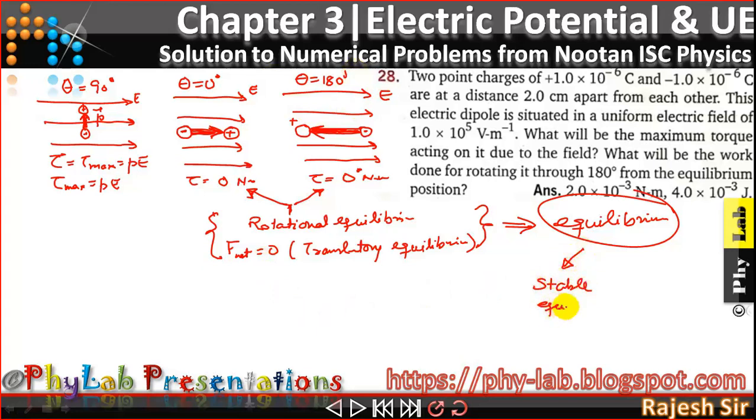Though this question does not go into that much detail, I would like you all at this juncture to understand what is stable equilibrium of a dipole as well as what is unstable equilibrium of a dipole.